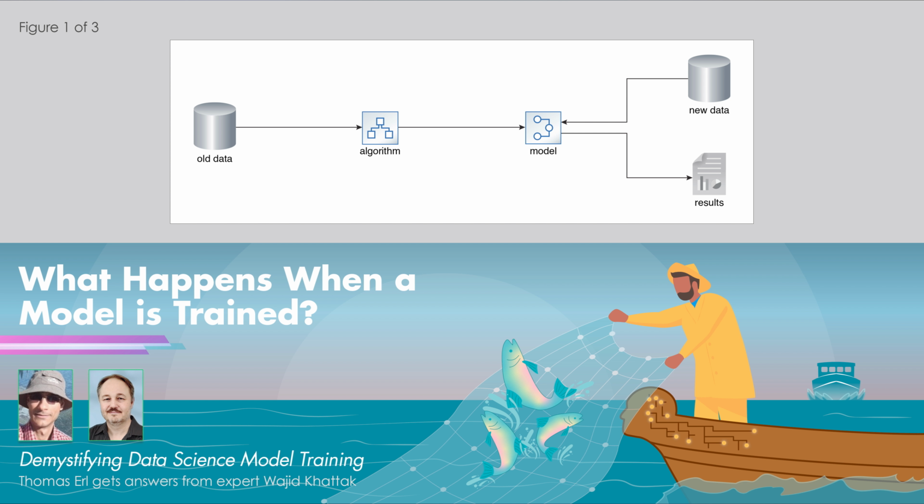Or would there be any benefit to bringing in a new algorithm and working with the model that had been previously trained on a different algorithm? I think it all depends on what type of machine learning you're doing.